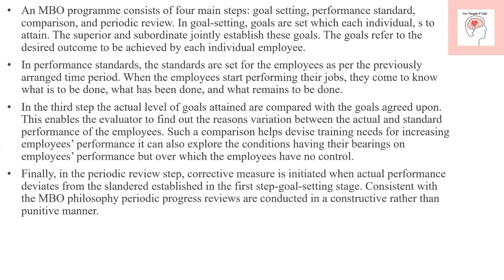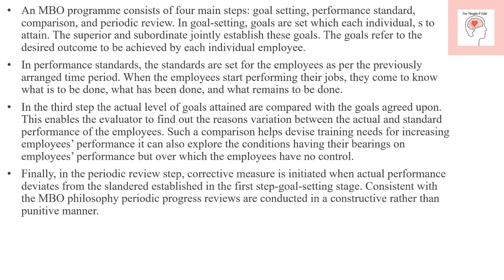So in the third step, the actual level of goals attained is compared with the goals agreed upon. This enables the evaluator to find out the reasons for variation between the actual and standard performance of the employees. Such a comparison helps devise training needs for increasing employees' performance. It can explore the conditions having their bearings on employees' performance, but over which the employees have no control.